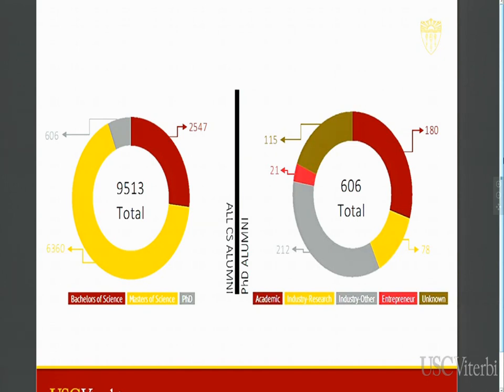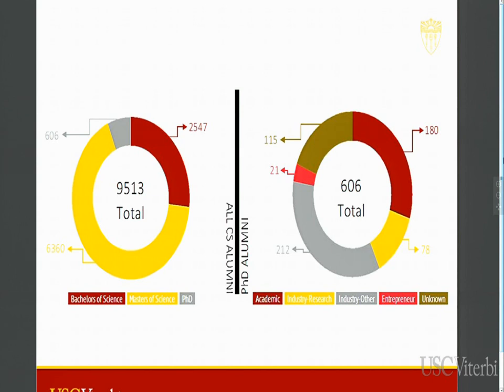So when you apply to the PhD program at USC, if you decide to matriculate here for your doctoral studies, you'll be following in the footsteps of more than 600 people who've obtained their PhD degrees here at USC in computer science. If you drill down into the PhD alumni, which is what the panel on the right shows, we've produced upwards of 600 PhDs, of which a substantial number are in academic positions, about 180 of them.